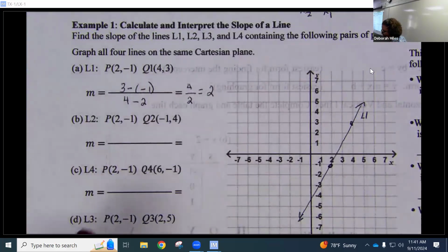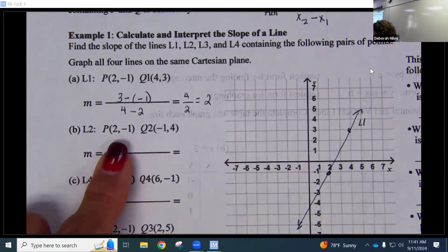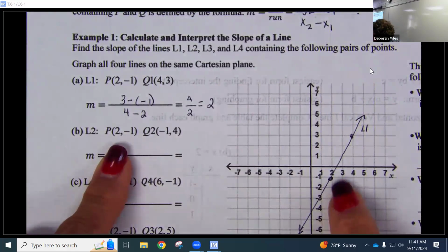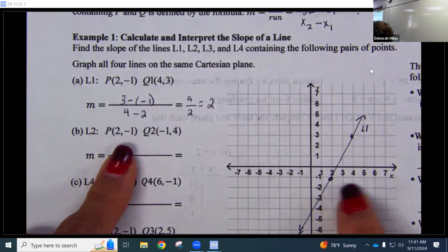All right, line 2 goes from the point 2, -1. Starts with the same point P here. And -1, 4.